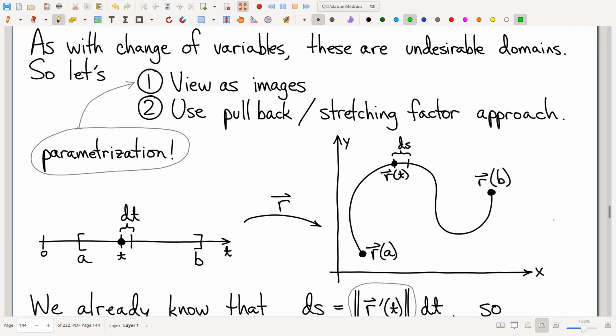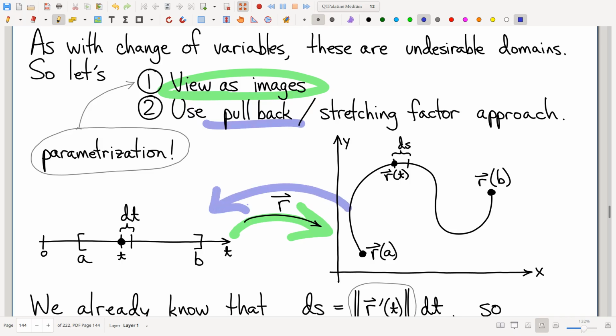And then, again, the big idea of how to compute it is to kind of copycat the idea of change of variables, specifically to view the curve as being an image, and then to do a pullback. Right? And the idea of a pullback is I take an integral defined on the domain that I don't like and I rewrite it as an integral on a domain that I do like.